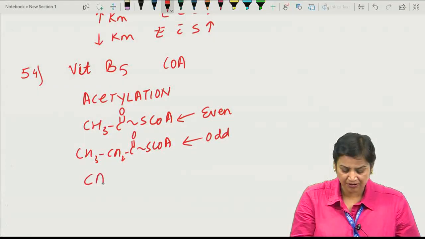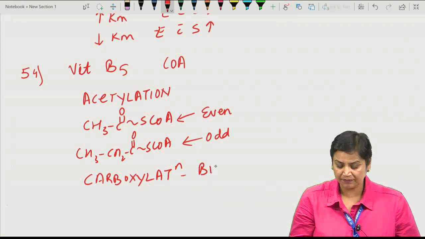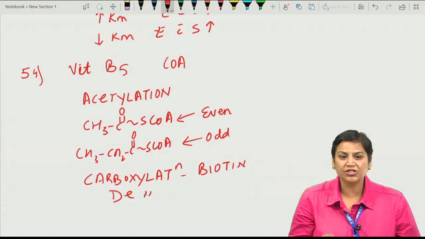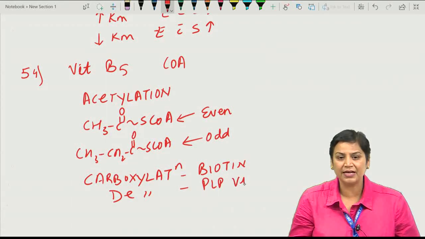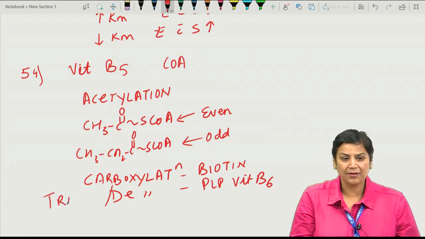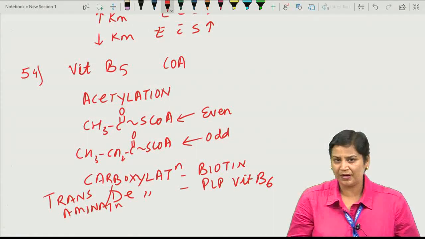For carboxylation, we require biotin. For decarboxylation, we require PLP, which is vitamin B6. It is also required for transamination. Transamination requires B6 or PLP.